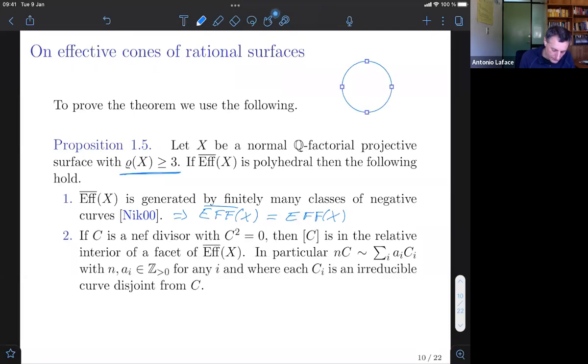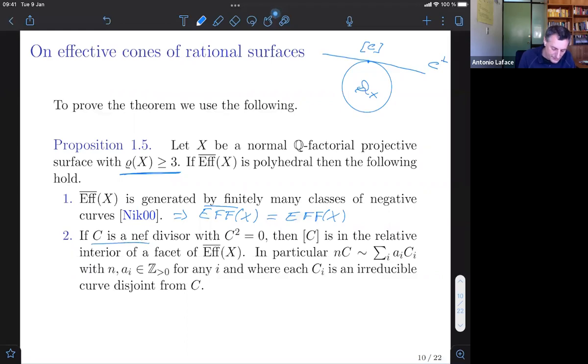This is the light cone Q of X. This is the class of C. And of course, this is a nef class, so we may take C orthogonal. C orthogonal has to leave the whole light cone on one side. The pseudo-effective cone contains Q of X, and also it has to stay on one side because we are assuming that C is nef.